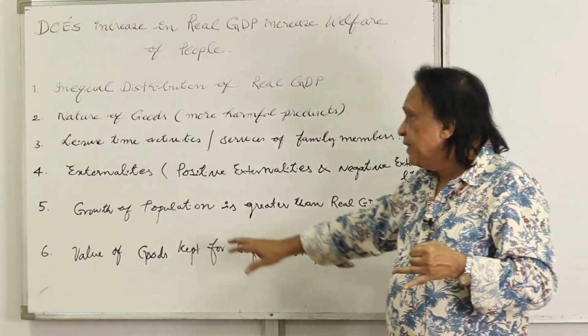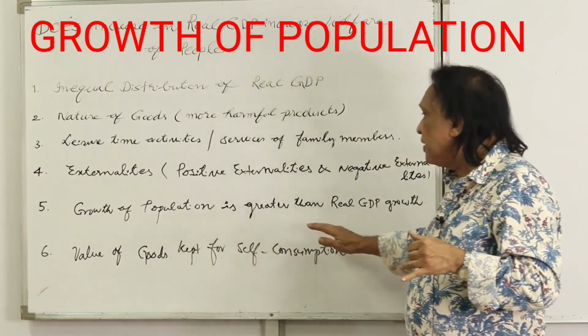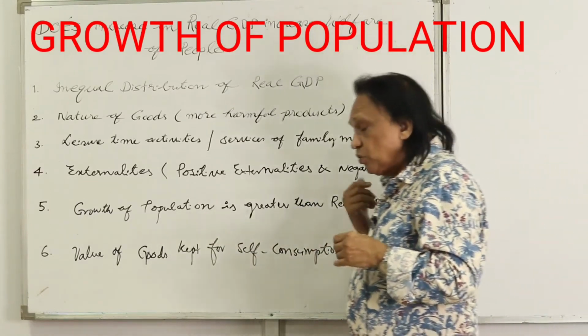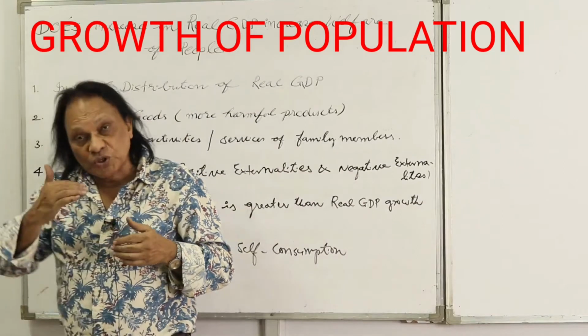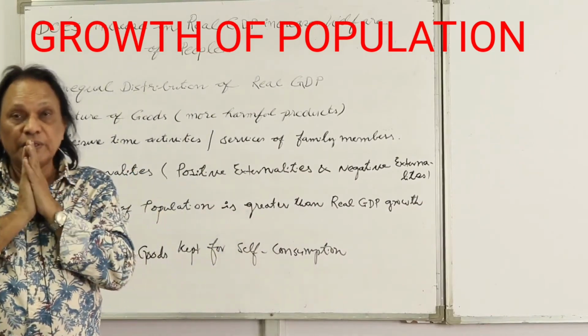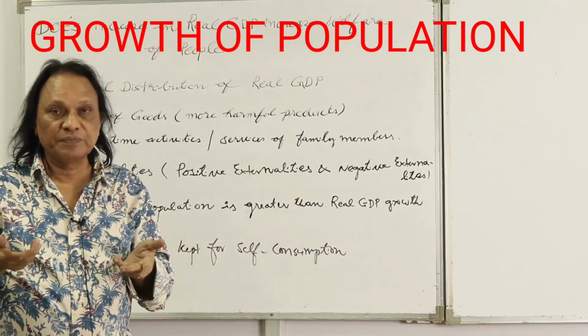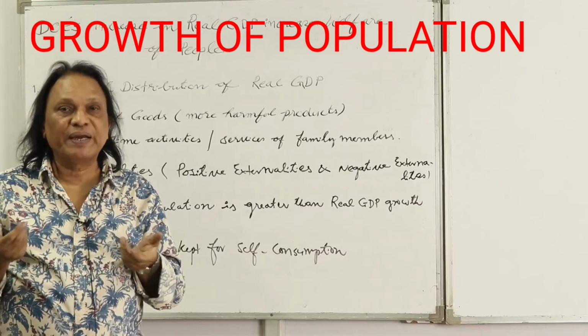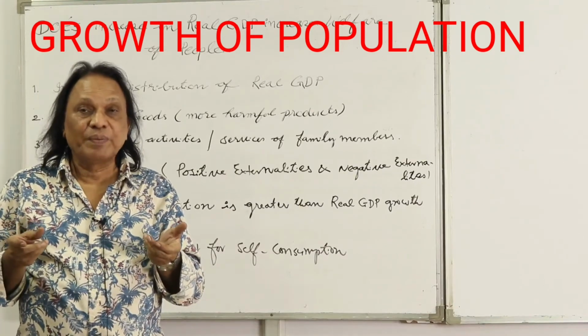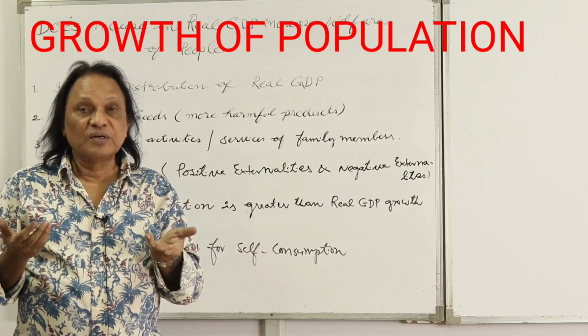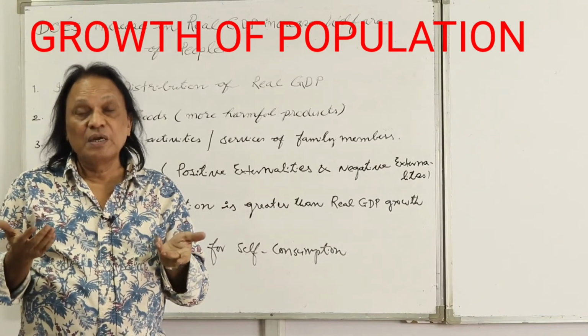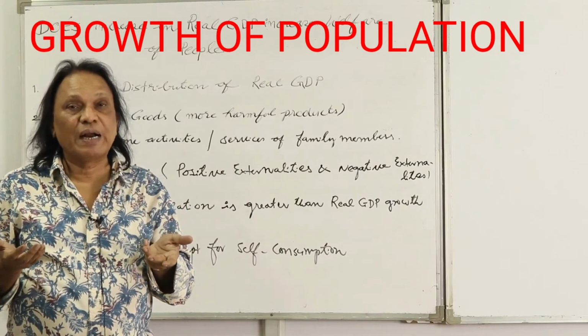The fifth one is growth of population greater than the real GDP growth. What does it mean? Of course, real GDP is increasing, so we expect in a country like India that welfare will go up, but welfare of the people is not going up. Why?